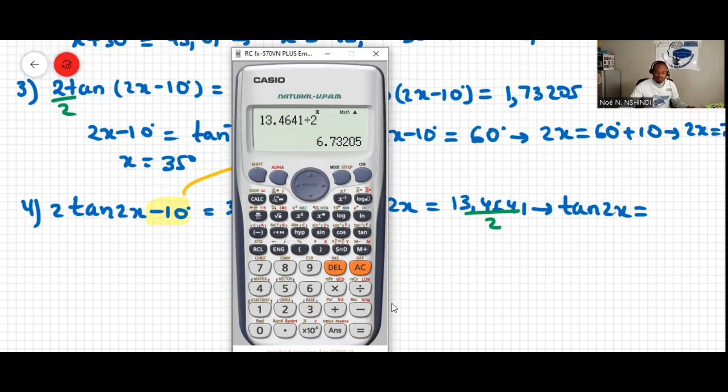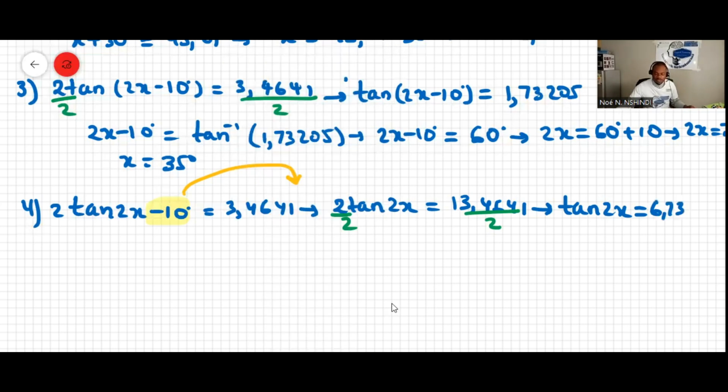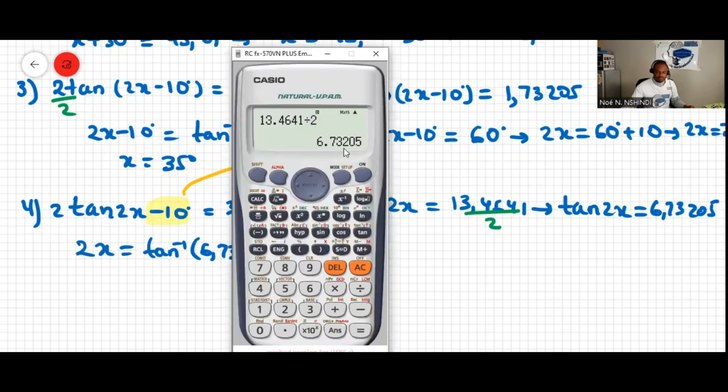That makes 6.73205. Now this means that 2x equals tan inverse of 6.73205. We're going to do shift tan of 6.73205, close bracket, hit the equal button.